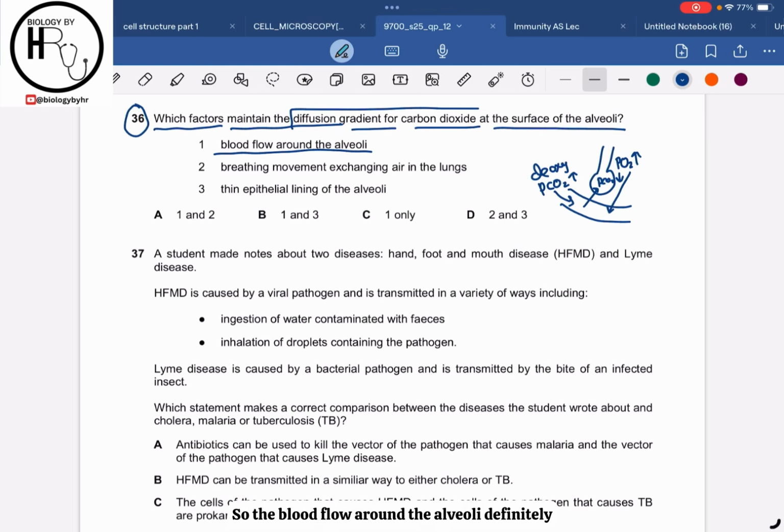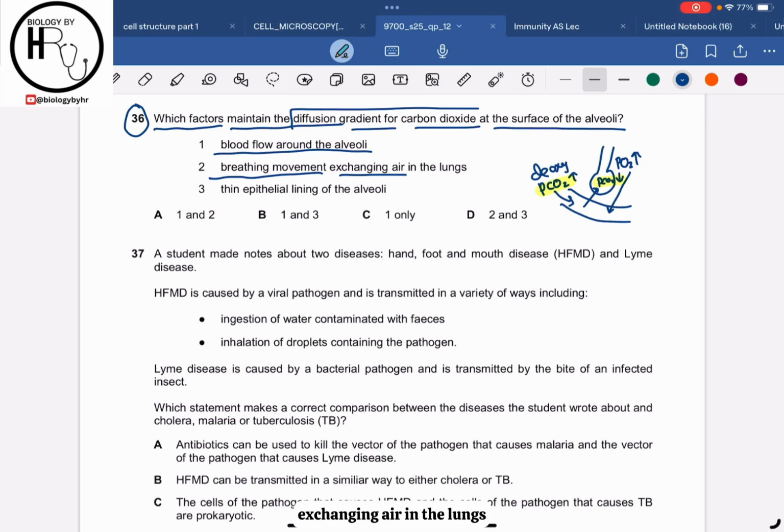The blood coming in has a high partial pressure of carbon dioxide, whereas the air in the alveolus contains a low partial pressure of carbon dioxide. By this the diffusion gradient is maintained.